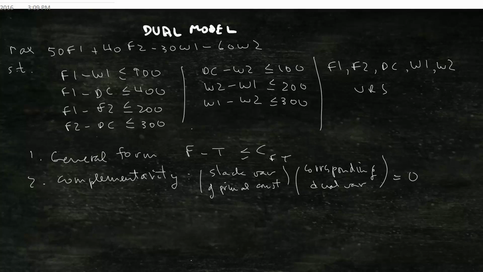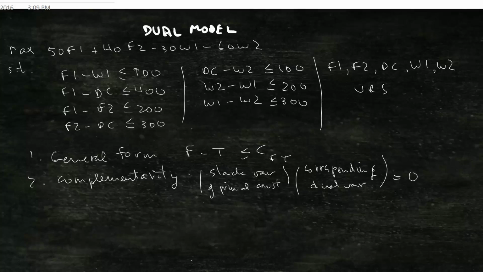So if you recall, if the slack is positive, then the shadow price, which is the corresponding dual variable, has to be 0. And if, on the other hand, the shadow price is non-zero, then the slack variable must be 0. That means the constraint must be tight. So we have this relationship.